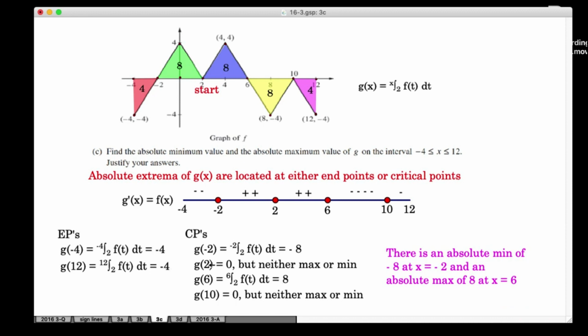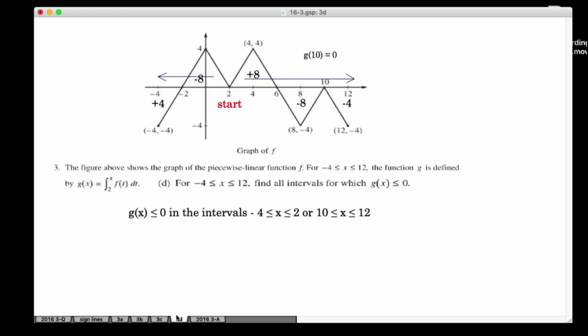So -4, -4, -8, that's the lowest, and 8 is the highest. That's the max. So there's an absolute min of -8 at x equals -2, and an absolute max of 8 at x equals 6.